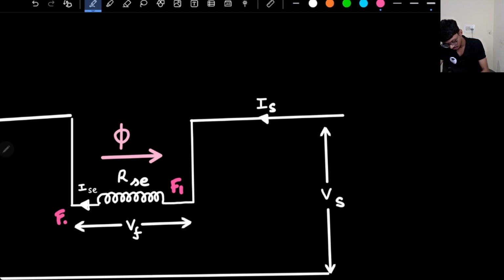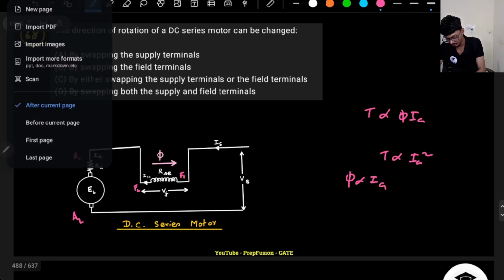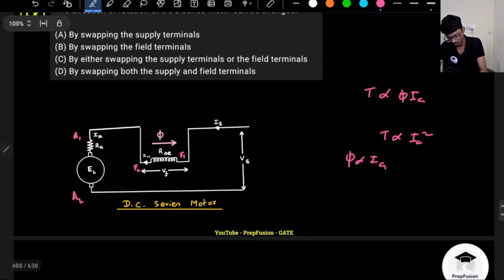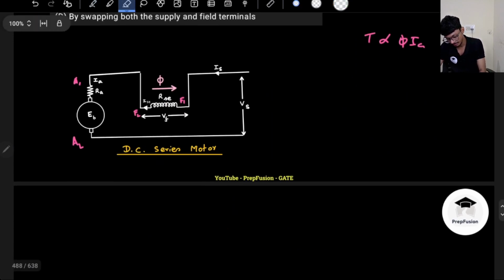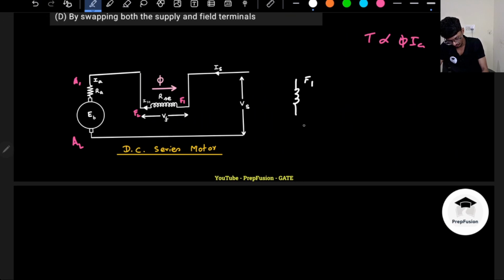We don't have to go by this relation, we can cancel this relation. So this is the field winding F1 F2, and this is the armature winding A1 A2, right? And in both cases the current is flowing from F1 to F2 and A1 to A2.